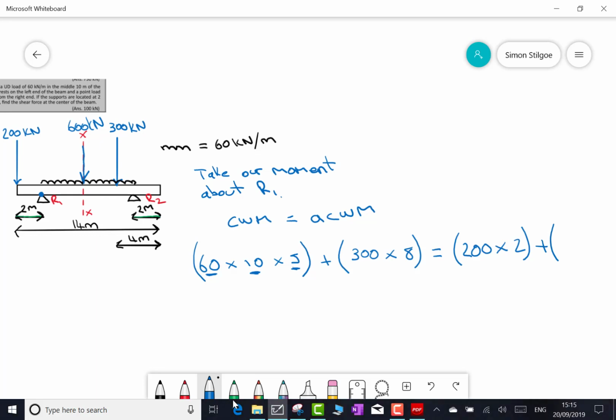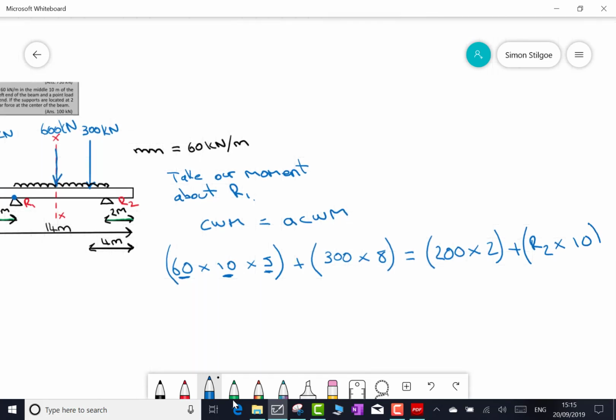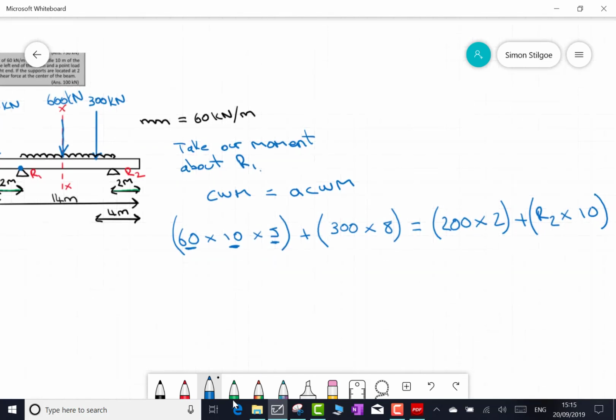Now, I don't know what the R2 force is, so I can just keep calling it R2 and now multiply it by the distance back to R1. Well, this is going to be a distance that we talked about earlier, that being 10 metres from R2 to R1. That there then is our great big equation that we can now start to simplify down.